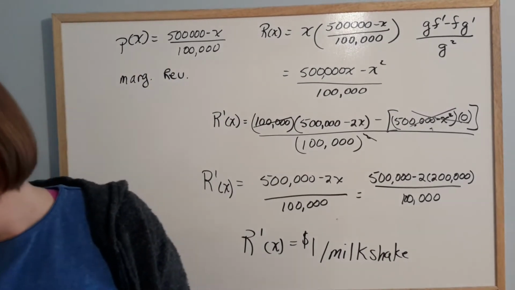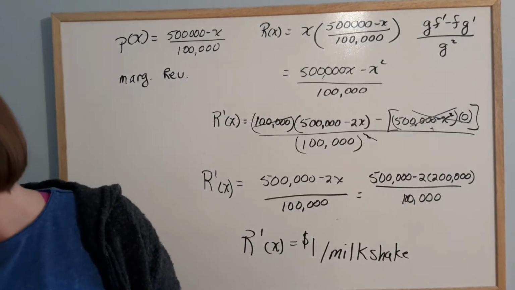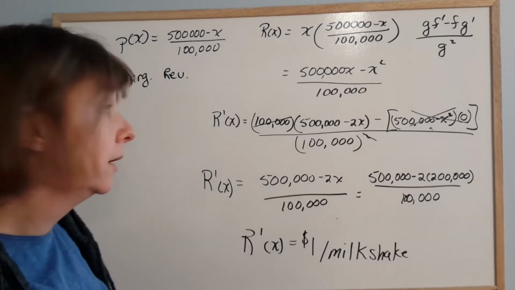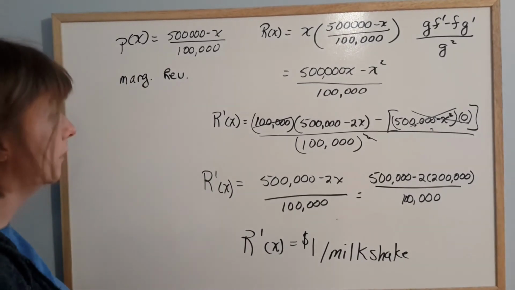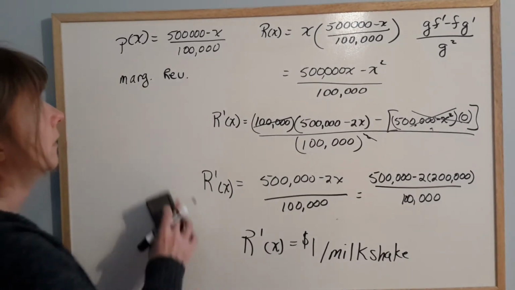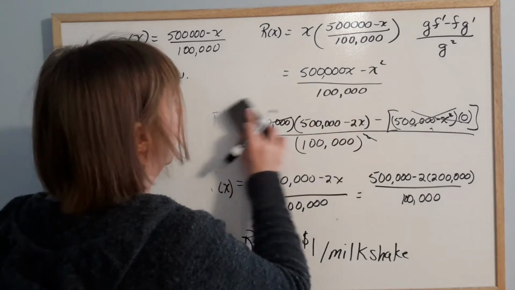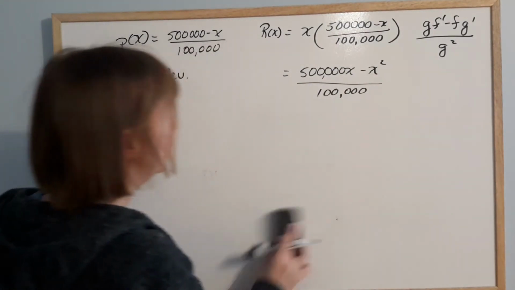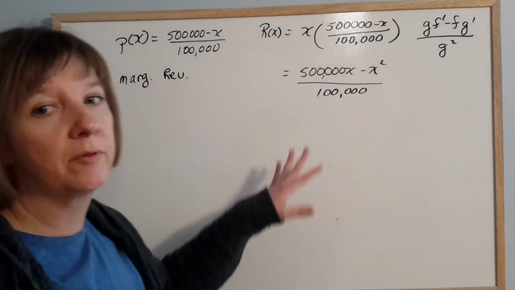Okay, so that's part C because we skipped A and B. Part D. I'm going to erase this. I might need that up there, so I'm going to keep that part right there. What the revenue formula is, because that's the revenue formula.